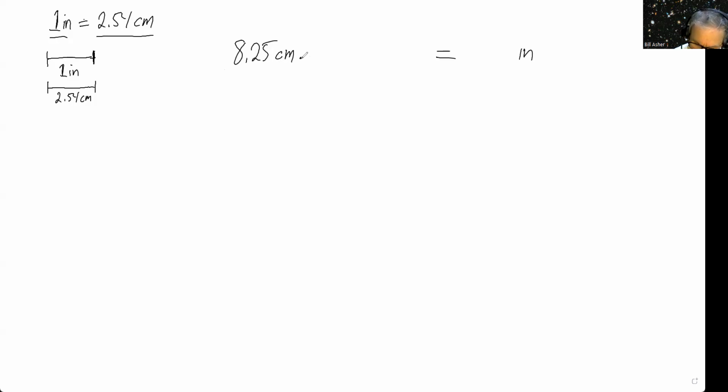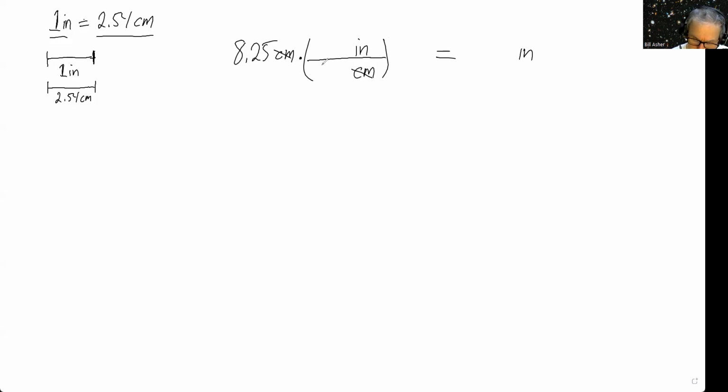We need to multiply this by something that has the value of 1 but has units of inches over centimeters. Centimeters will be on the top and the bottom, and those units cancel, but now we need numerical coefficients that make this part equal to 1, so we can multiply by 8.25 and not change the physical dimension.